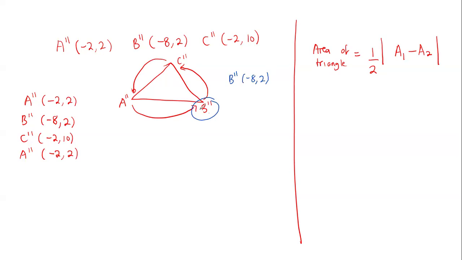It is okay whichever direction you move. In case you start from A, you go this side: A double prime, negative 2, 2, then C double prime, negative 2 and 10, and then come back and close at B double prime, negative 8, 2. The thing is, what you start with should be the same thing you end with.